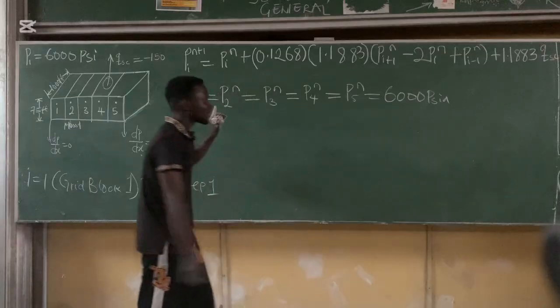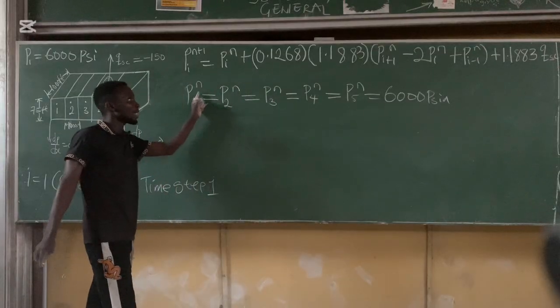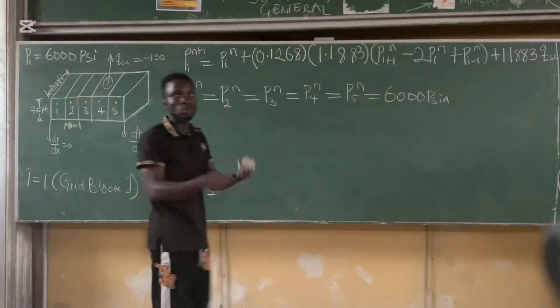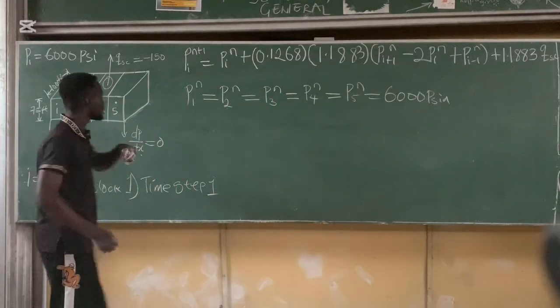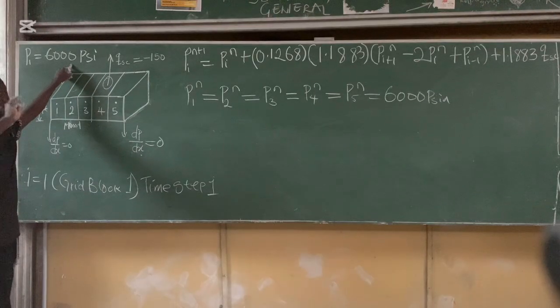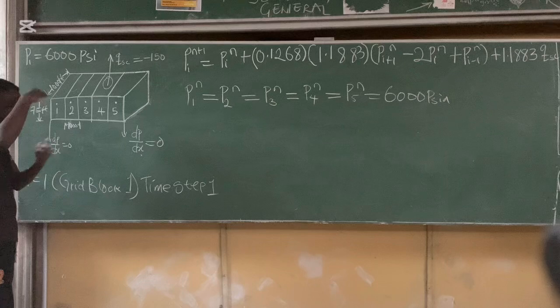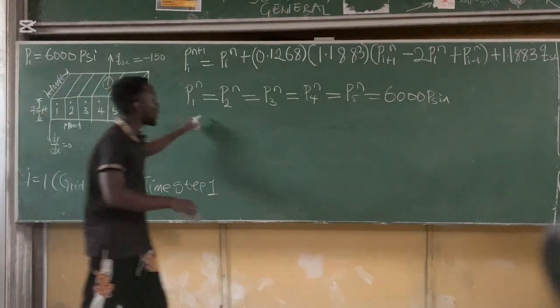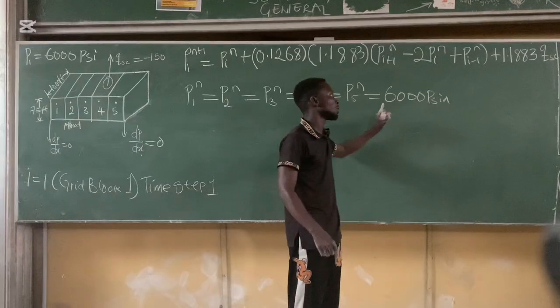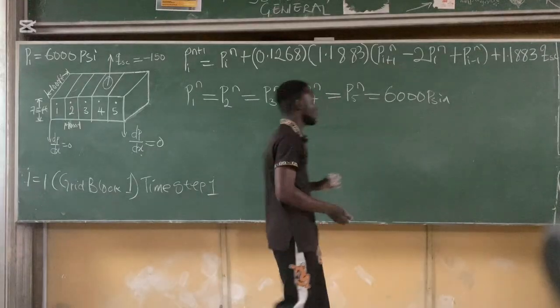For the first time, the pressures P1n, P2n, P3n, P4n, P5n are equal to the initial reservoir pressure. In this question, the initial reservoir pressure is what? 6,000. So for time step 1, P1, P2, P3, P4, P5 are all equal to the initial reservoir pressure, which is 6,000. That is one thing to take note of.